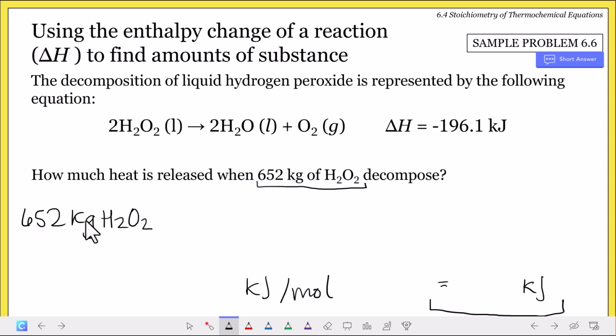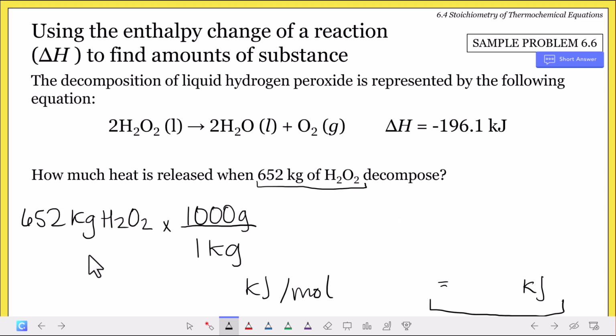So if I have 652 kilograms of hydrogen peroxide, well, first I need to convert this to grams so that I can eventually use the molar mass of this compound to figure out how many moles I have. Okay, so let's start by converting this mass into grams. I want my kilograms to cancel out, and I know that in 1 kilogram I have 1,000 grams.